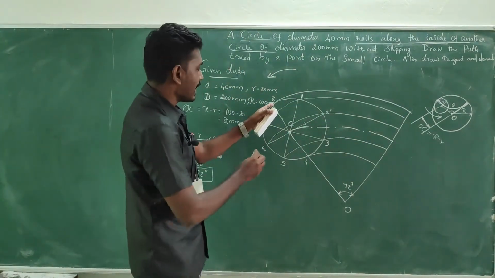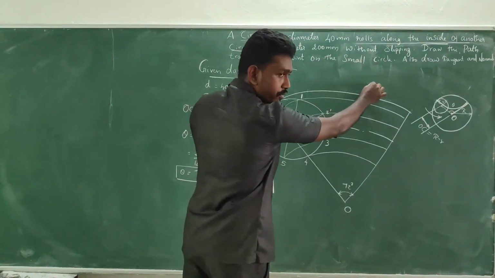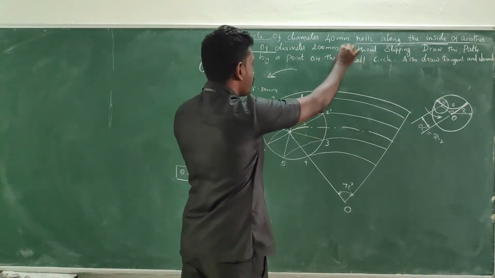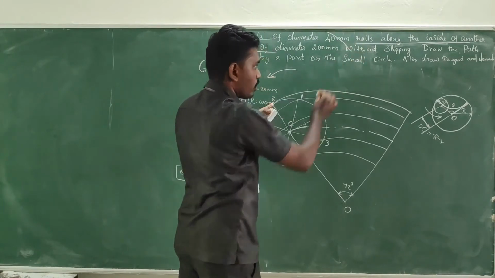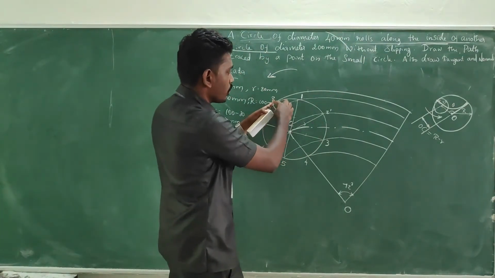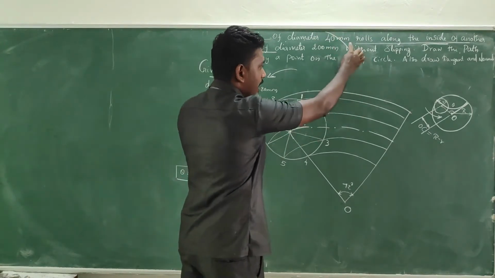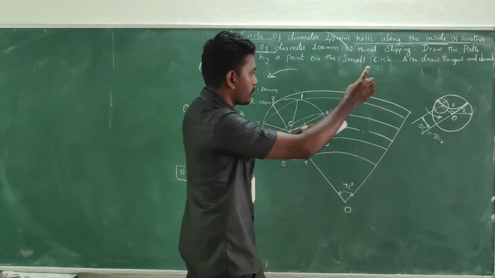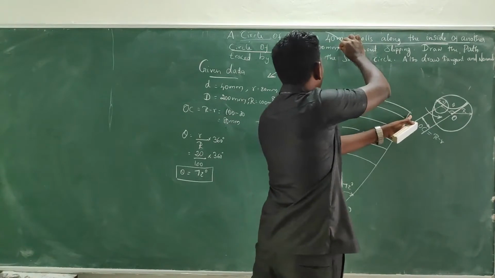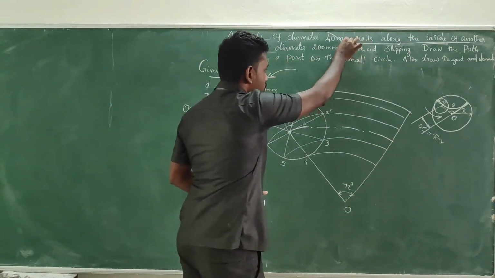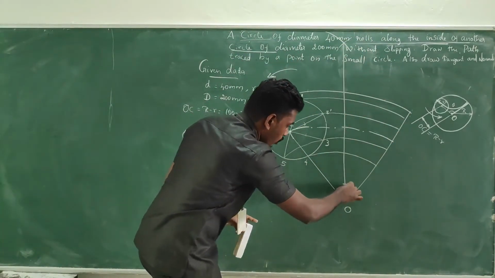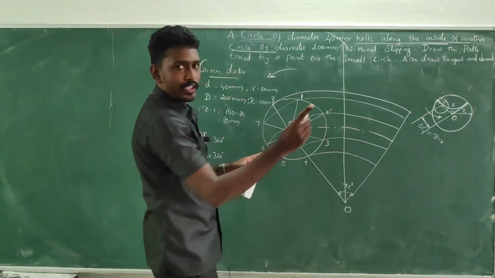Take your compass, stretch it to more than half, and keeping one leg on the 8th point, draw an arc. With the same measurement, keep it at the opposite end and draw an arc. Then drop the line to the point O. Now it is divided into 2 equal parts.